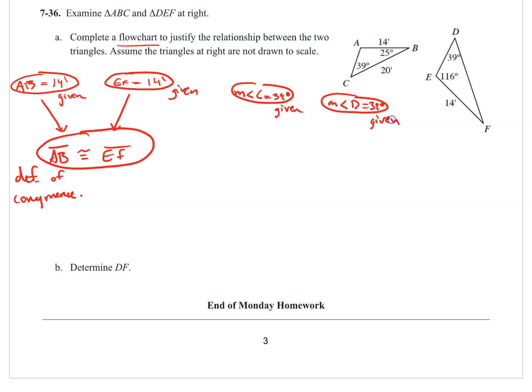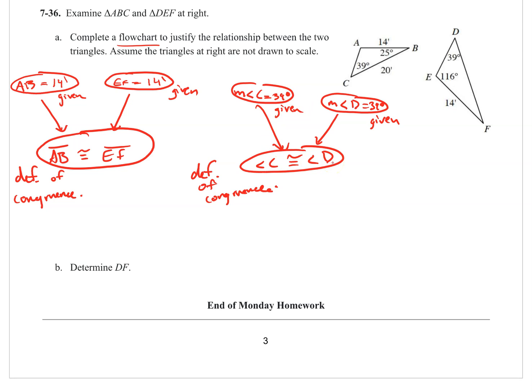That's also given. So what does that tell us? If these two angles have the same degree measure, therefore, draw your arrows down here. Conclusion is angle C congruent to angle D. And that's just by definition of congruence. Remember that says if two angles have the same degree measure, then they are congruent.